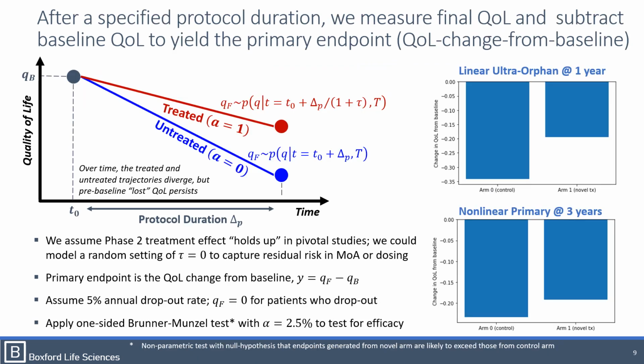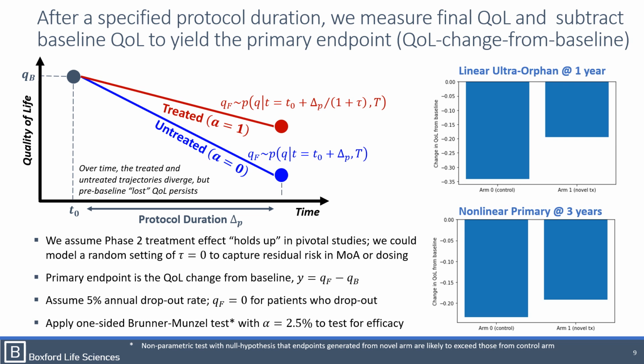Once patients pass the inclusion criteria and are admitted to the trial, they're randomized to an arm, either A = 1 for treated, A = 0 for non-treated controls. And then we use our fitted models in order to generate final quality of life values at the end of the observation window, at the end of the protocol duration.